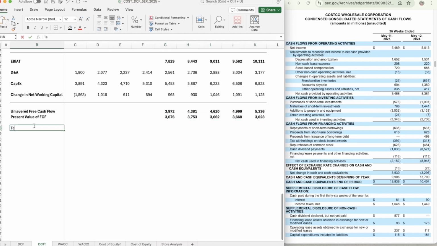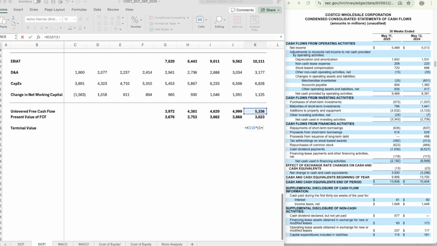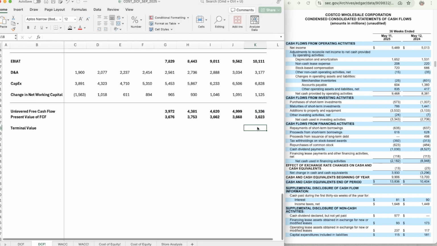Now we want to find the terminal value. We do this by taking the final year, multiplying it by 1 plus the WACC.